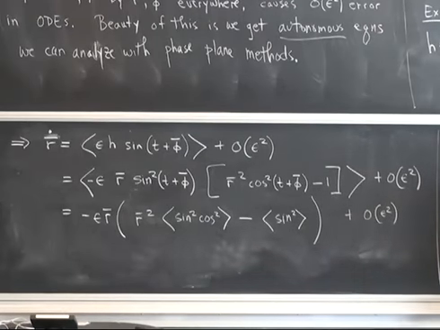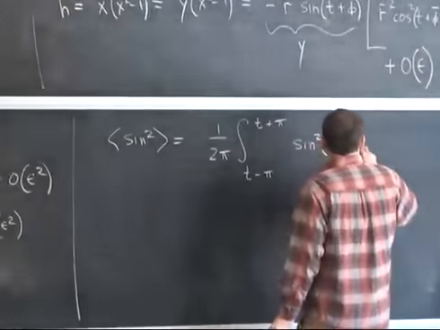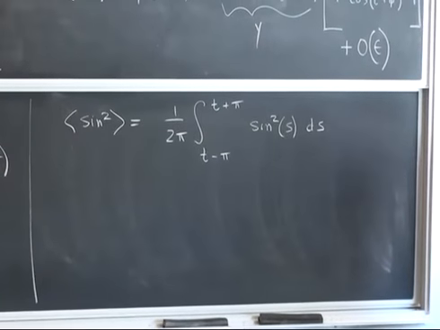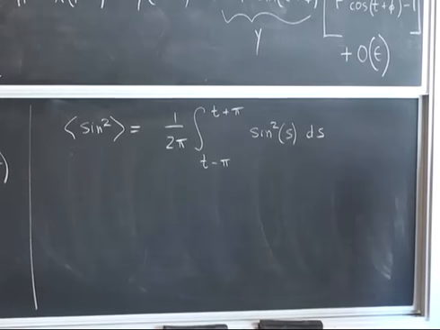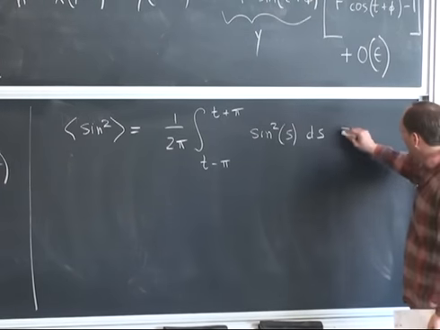According to the definition, it would be 1 over 2 pi times the integral from t minus pi to t plus pi of sine squared of s, being really careful, ds. Do you know what this is? You want me to do more? I don't want to do it too painfully. Can I give you, okay, it's a half.